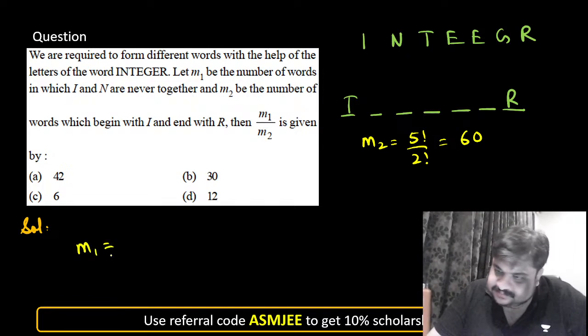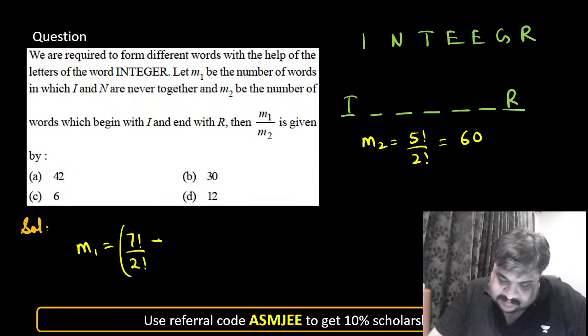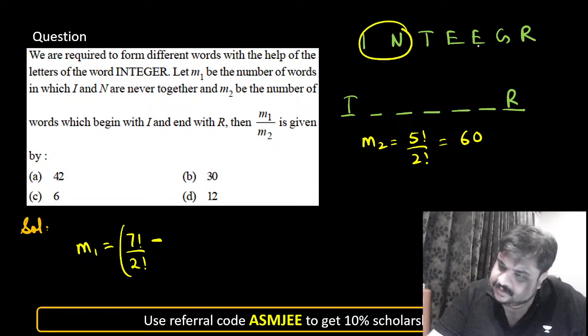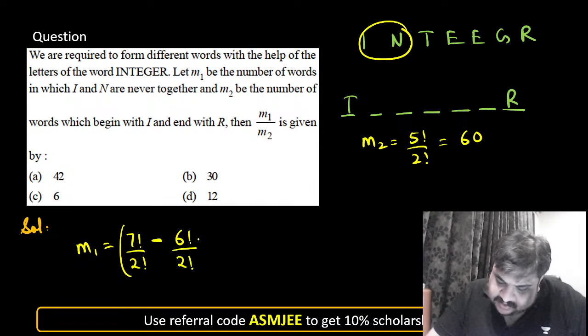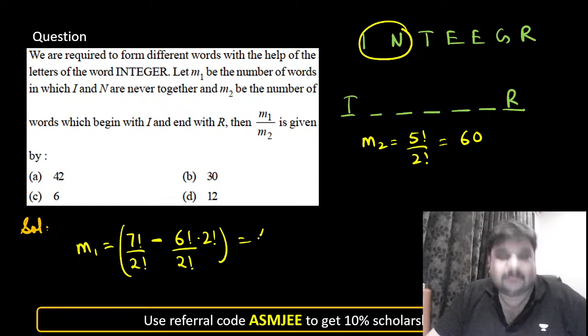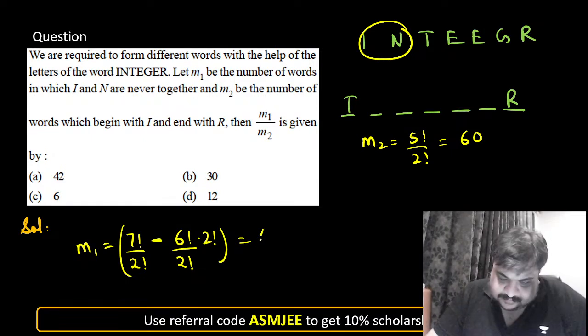M1 is the total, 7 factorial by 2 factorial, minus the case where both of them are together, 6 factorial by 2 factorial into 2 factorial, which is 840 by 2, 420. So this is 7 factorial by 2.